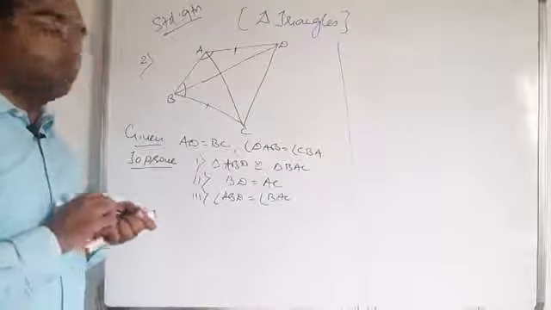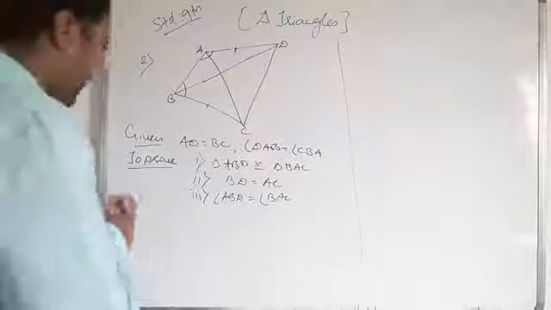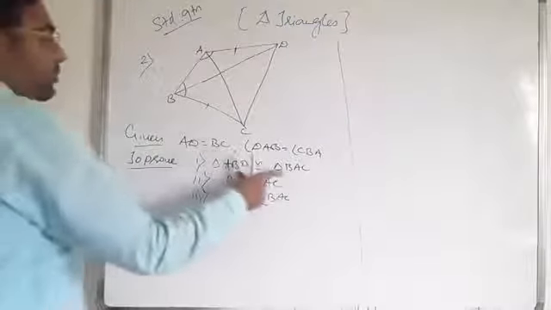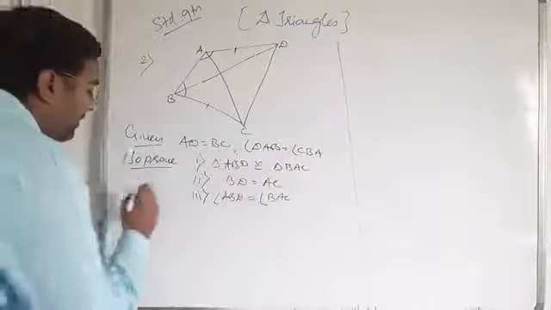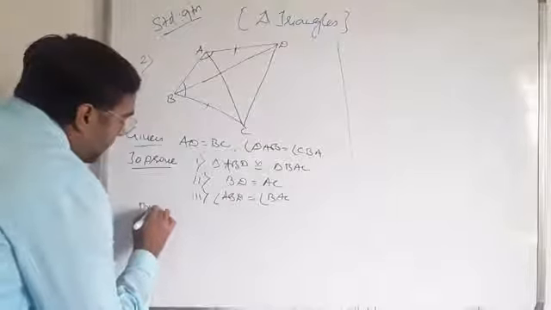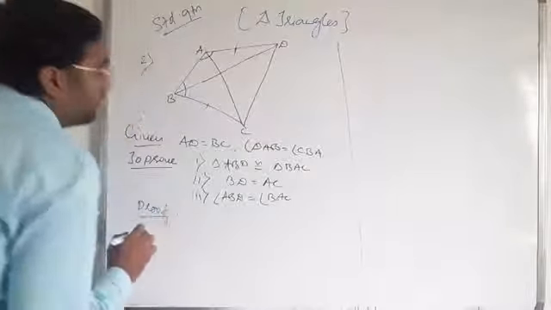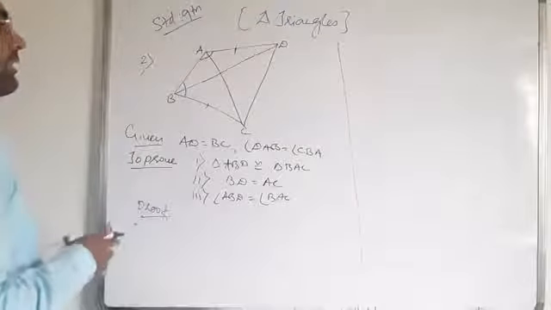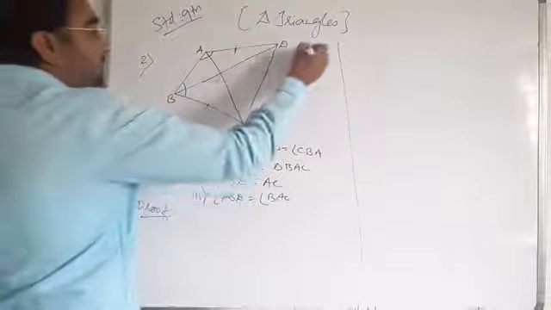Okay, so let's start. First of all, we have to prove that these two triangles are equal, that means congruent. For that I'll split these two triangles.